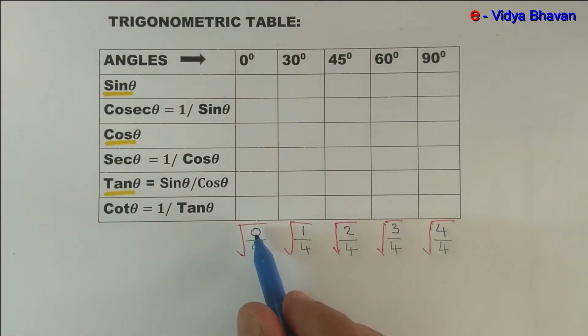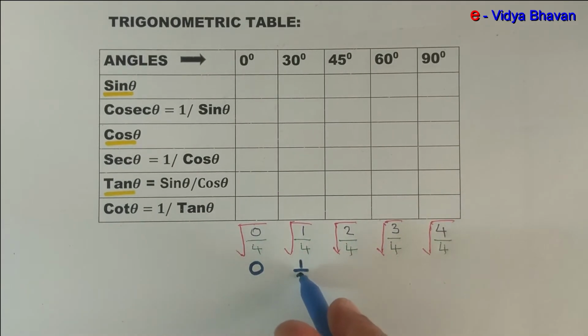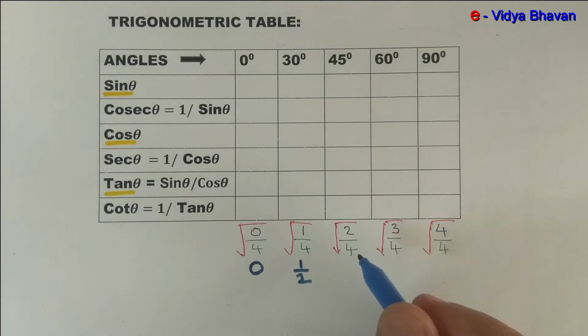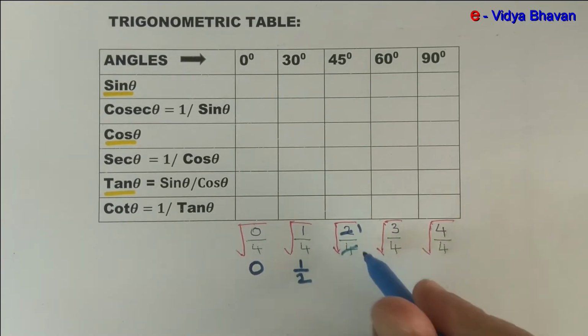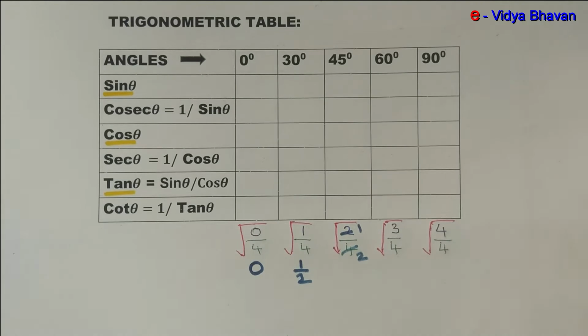Square root of 0 upon 4: 0 upon 4 is 0 and square root of 0 is 0. Square root of 1 upon 4 is 1 upon 2. Square root of 2 upon 4: we can cancel, 2 ones are 2, 2 twos are 4, so square root of 1 upon 2 will be 1 upon root 2.